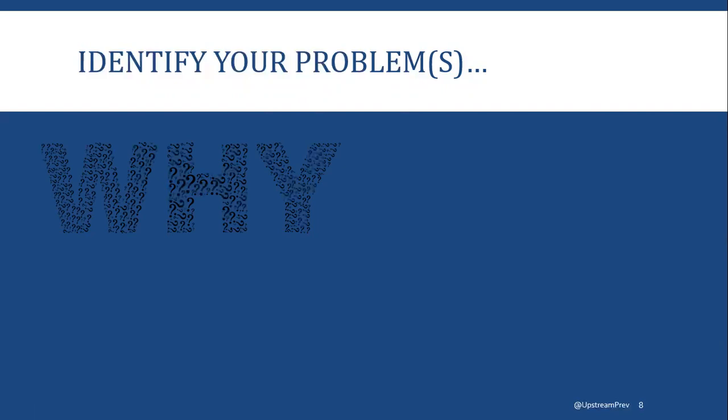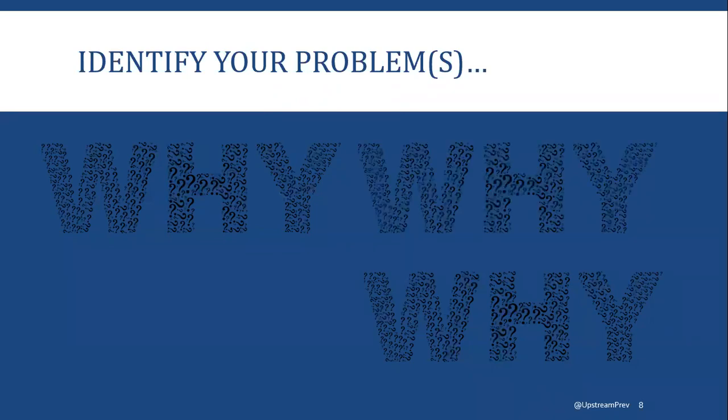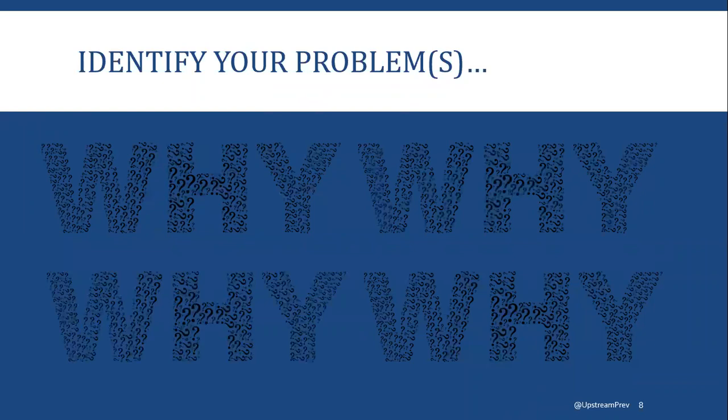And then once you think of a reason there, why is that the case? Why are they doing that? Why are my students binge drinking? Well, why? Maybe they're binge drinking because they're giving into peer pressure. Well, why are they doing that? And continue to ask yourself, why? So here we're in this brainstorming session.